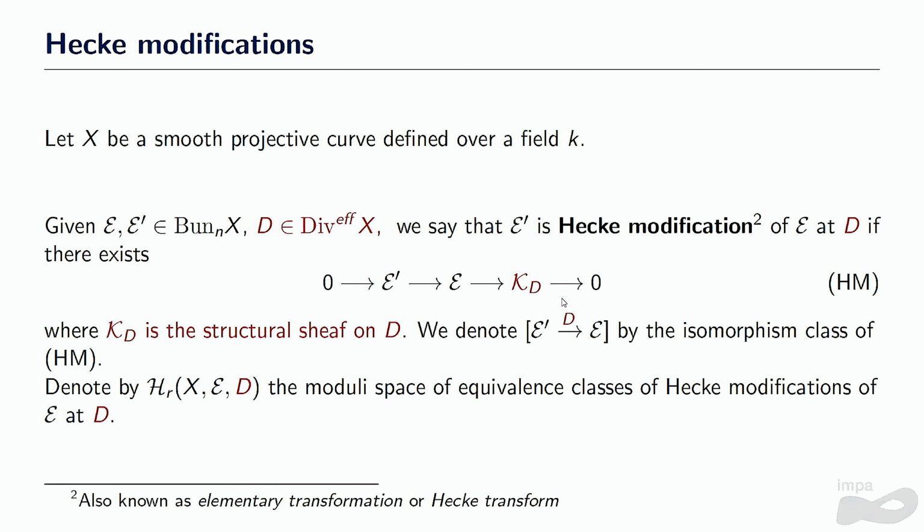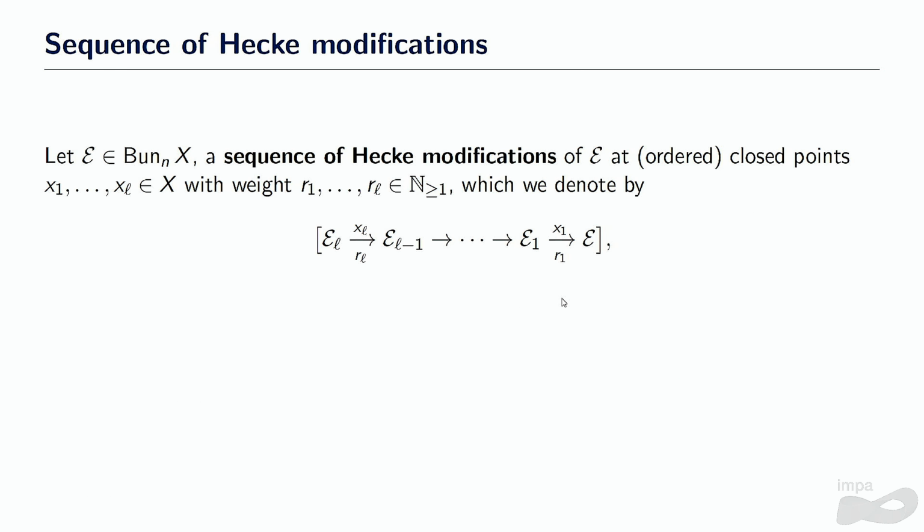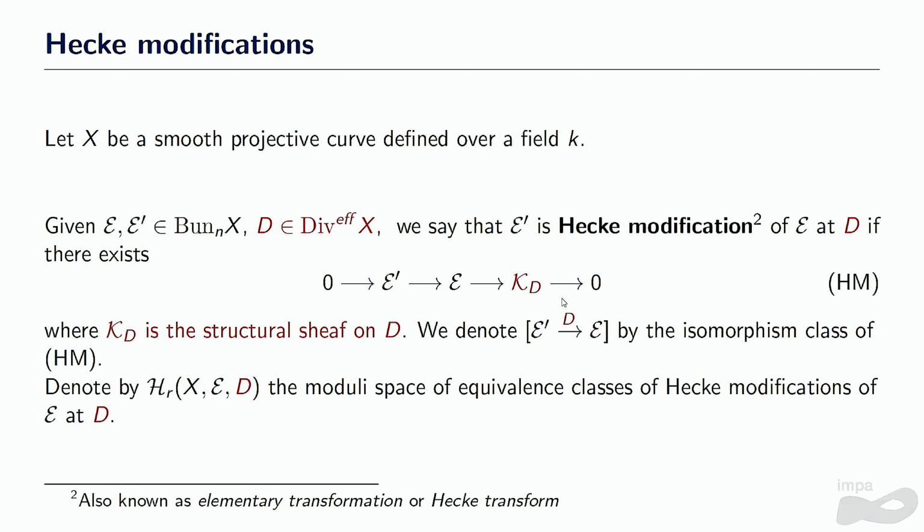Okay, so this is what I wanted to tell about the basic concepts of Hecke modifications. One more thing is the following: if I have Hecke modifications, I can define a sequence of Hecke modifications. Excuse me, D has multiplicity at points.